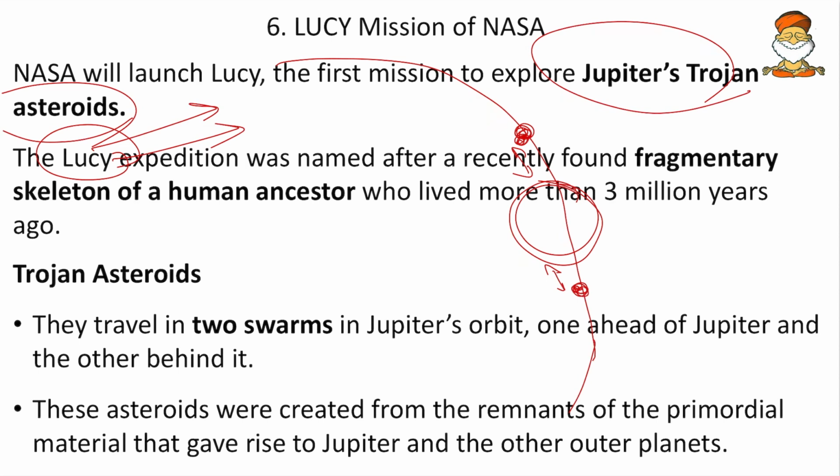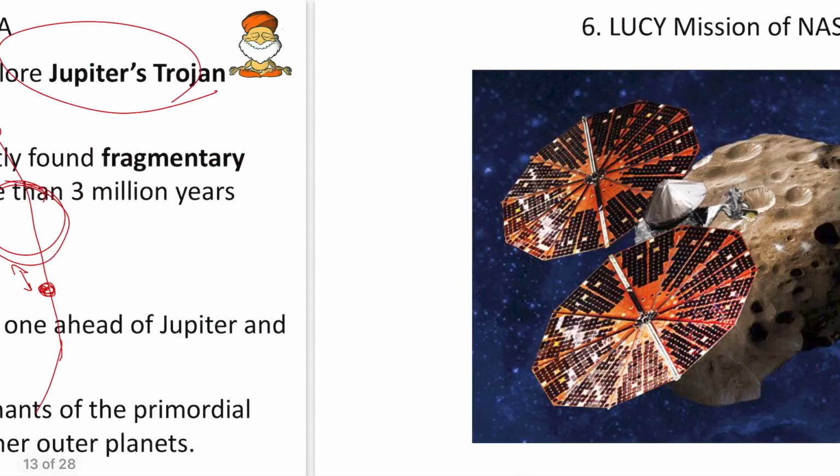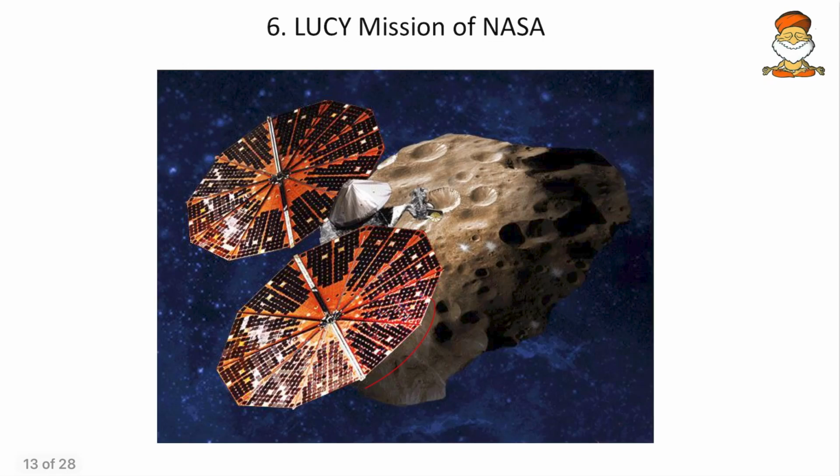One primordial material was there, might be a big planet or an old star as well. That gave various fragments, and hence these asteroids were part of that fragment. Then coming to the next one, the Lucy mission. Take a pic of this Lucy mission and remember, and here we can see one of the Trojan asteroids.